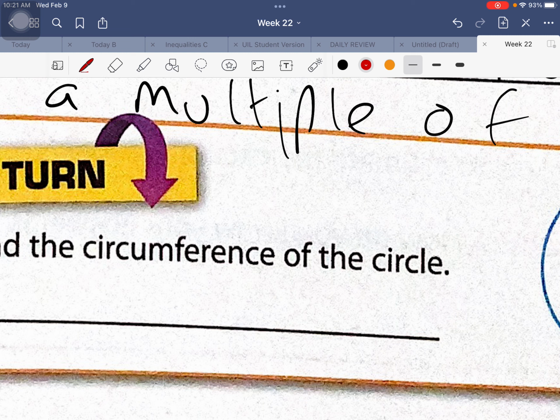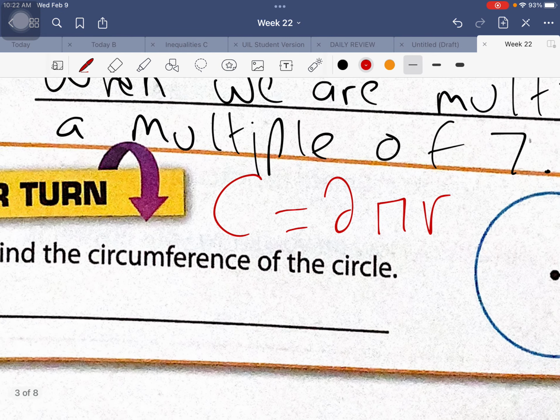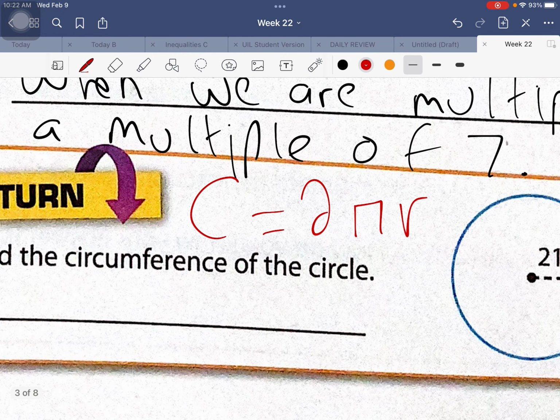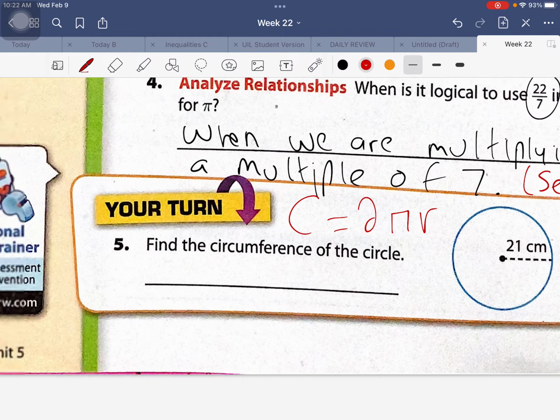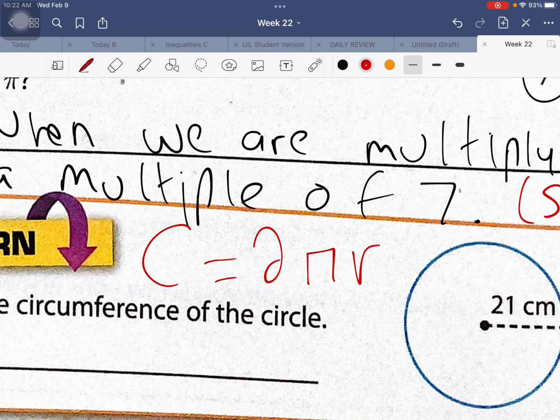No, that's pi. What's the formula? The formula we're going to use is C equals 2 pi r. That's the formula we're going to use, guys. Now, go ahead and do it.